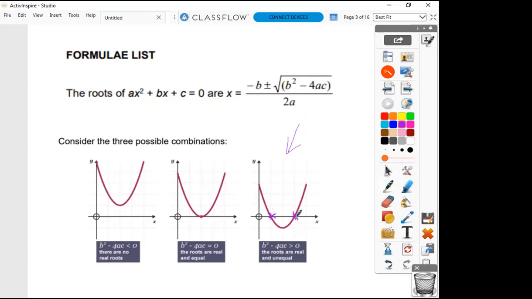So when we factorized, like we did a couple of months ago, what we were trying to find out was the position where that curve cuts through the x-axis. Now this formula allows us to do the exact same thing, to find the x coordinate specifically of where that crosses the axis.